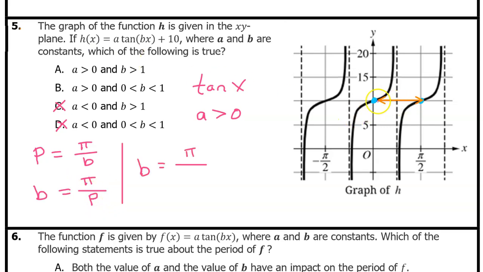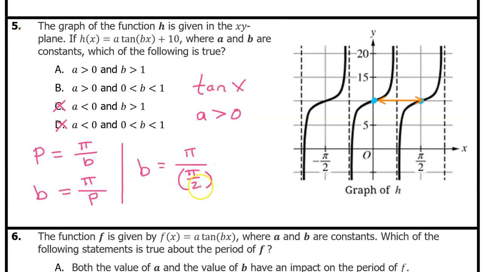The period of a tangent function is the distance between consecutive points of inflection. Since this point of inflection is at an input value of 0, and the next point of inflection is at pi over 2, the distance between them is pi over 2. So the period is pi over 2.